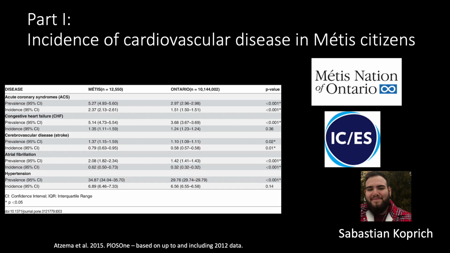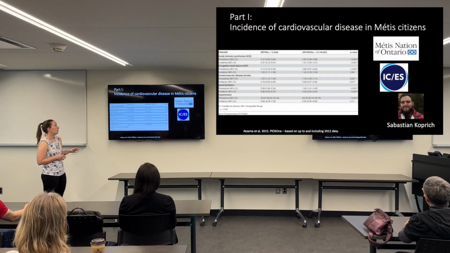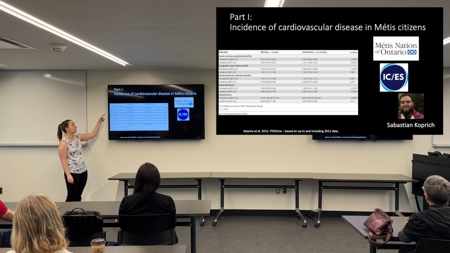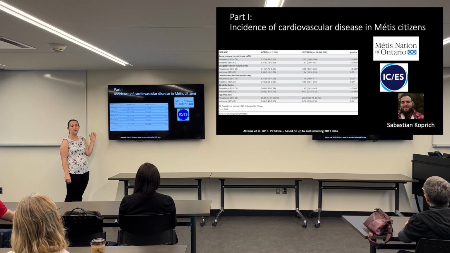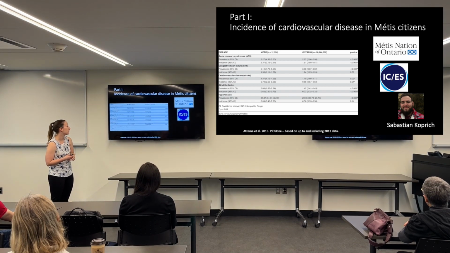And they looked at not just the Métis identifying citizens, but also the general Ontario population. And basically in all parameters, whether you're looking at prevalence, so total number of cases, or incidence, the rate of new cases, these diseases were all upregulated in Métis citizens.